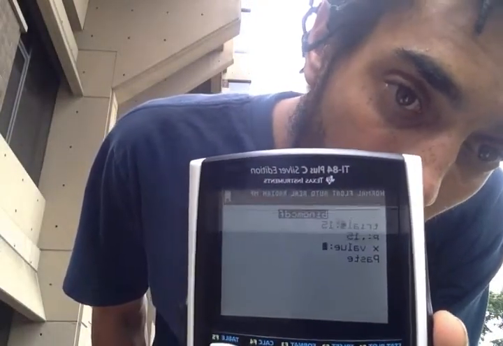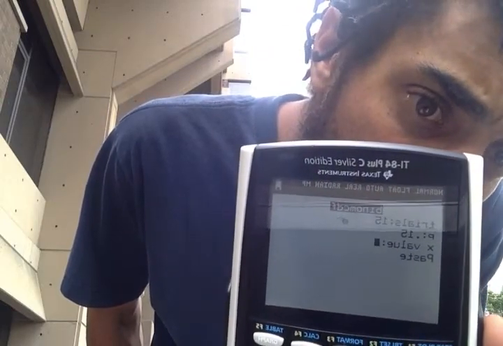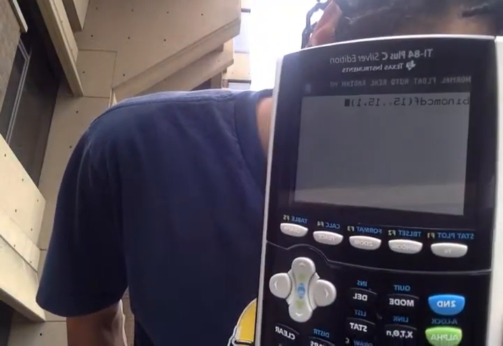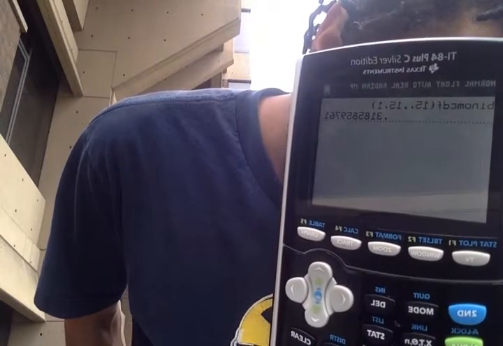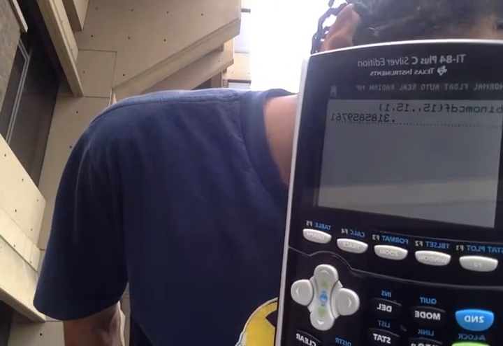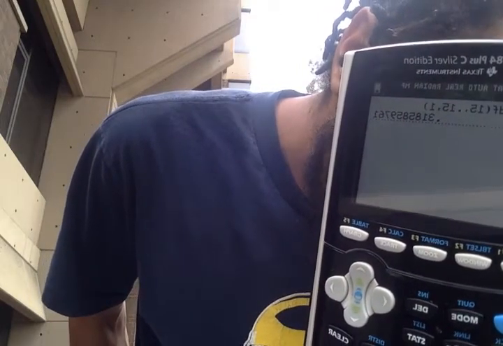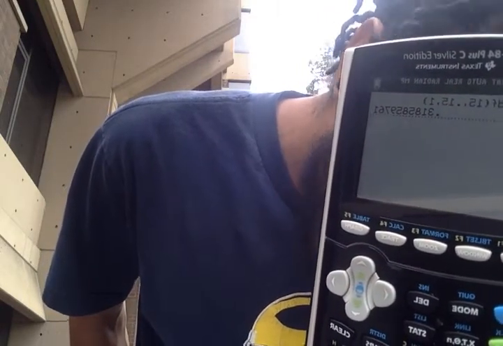Trials is 15, P is 0.15, and the X value is now 1, because it's asking less than 2, and that's 1. And then you would do that, and it's 0.31858, and you could round that to 0.3186.